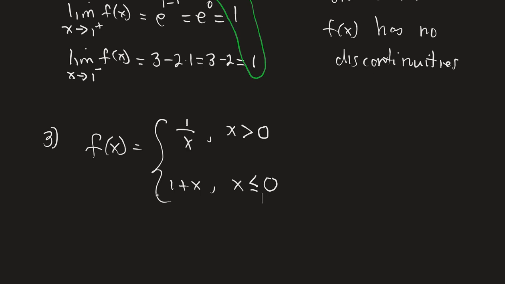So let's do the same thing. We're going to discuss where it is continuous, and if there's a point where it's not continuous, then we will classify the type of discontinuity it has. Again, the polynomial pieces are always fine. This piece, however, is a problem.